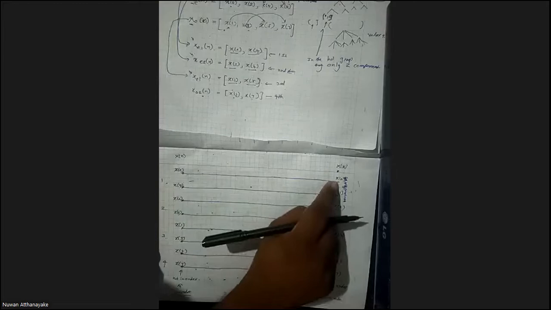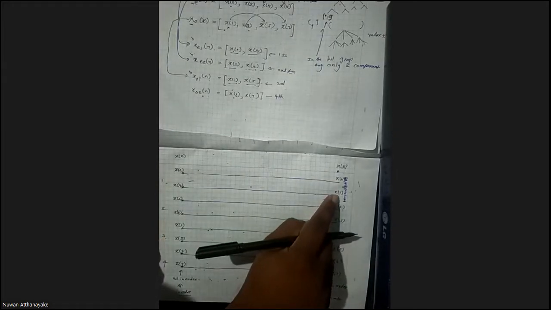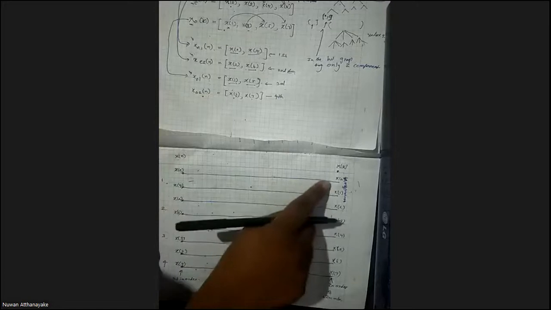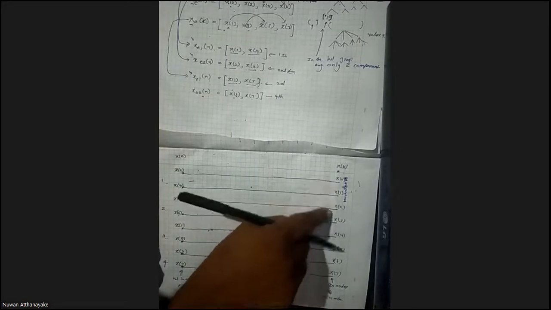Otherwise, you can't identify which one corresponds to x1. Here, x0 corresponds to x0, and capital X1 corresponds to x4. But if you don't know the grouping, you can't identify that specific corresponding value here. So in both cases, you have to do the grouping.